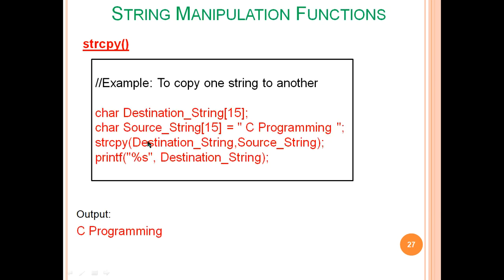I have a destination string which is empty because I am going to copy into it, and a source string "C programming". If I call strcpy of destination string comma source string, what is in the source string, C programming, will be copied to the destination string. Now if I printf, the formatted output function, %s comma destination string, C programming will be displayed.